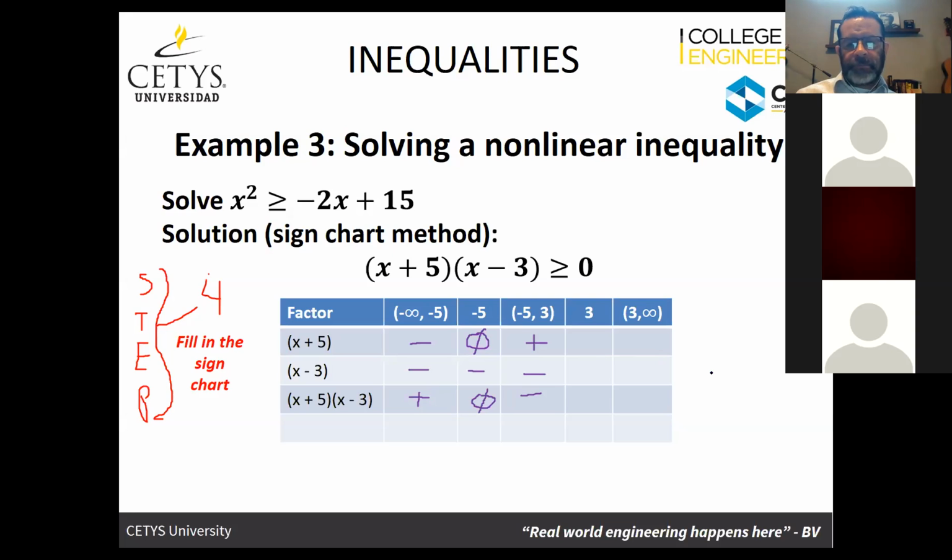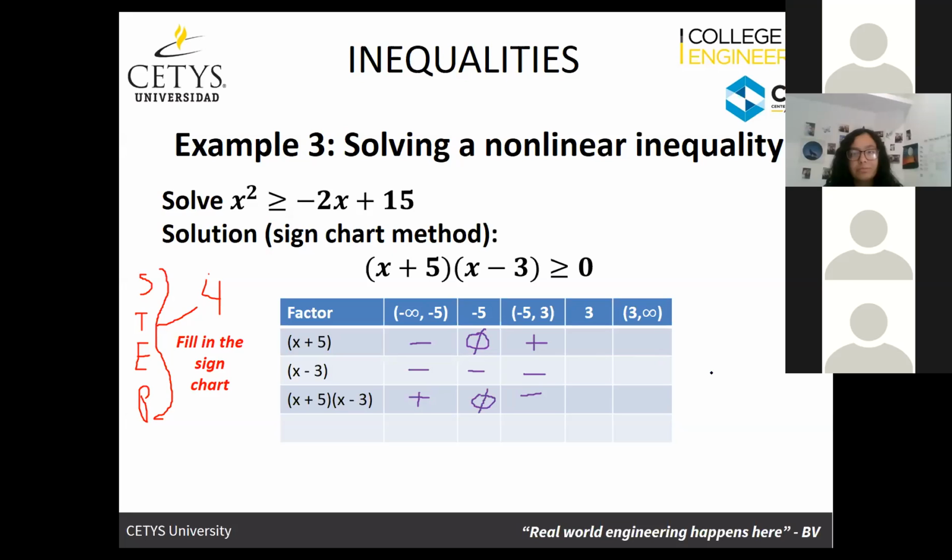Let's see, Iskra. Are you there? Yes. Okay, please turn on your camera quickly whenever you participate. Thank you very much, Iskra. Now I can see you. Now let's look at the 3. If I substitute the 3 in the first row, what do I get in the first factor? Again, if I take the 3 here and I substitute it in the first factor, what do I get?